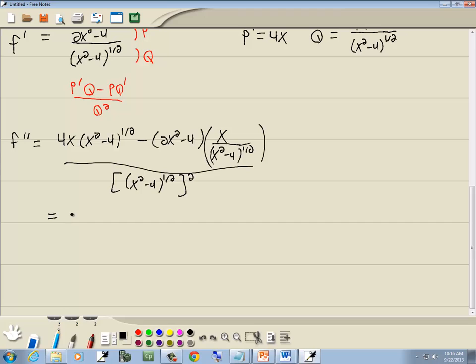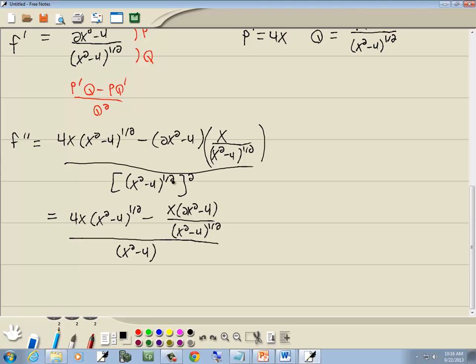Okay, this is going to give us 4x times x squared minus 4 to the 1/2 minus, I'm going to go ahead and put this 2x squared minus 4 up on top of the x. So we got x times 2x squared minus 4 all over x squared minus 4 to the 1/2 power. Down here, when you raise one exponent to another exponent, you multiply the exponents. 1/2 times 2 gives you 1.